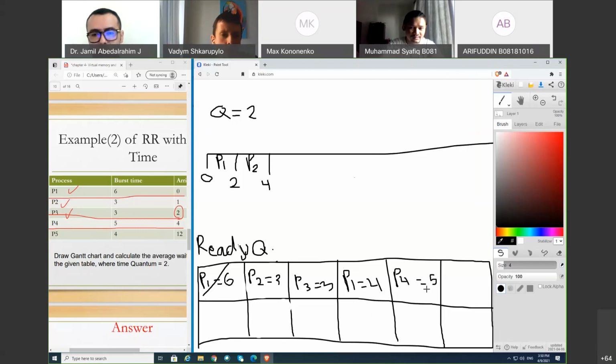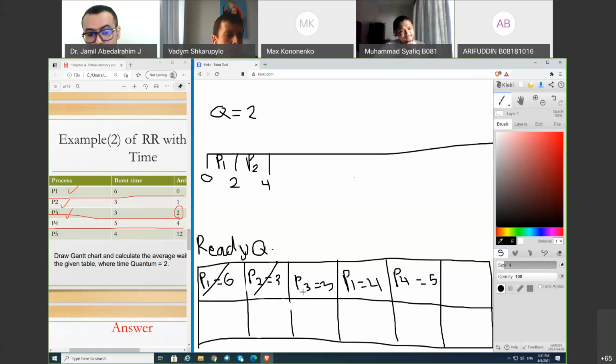What's the next step? After we write down the new process in the ready queue table, we write down the remainder of the current process.